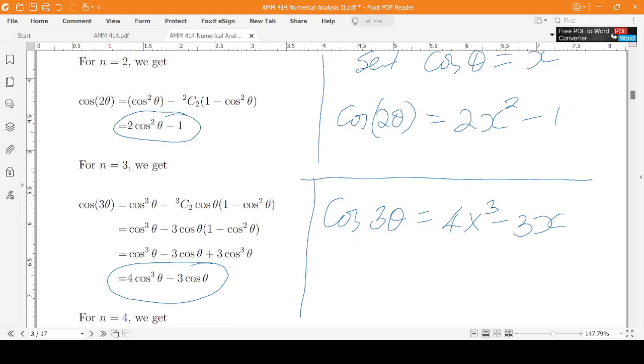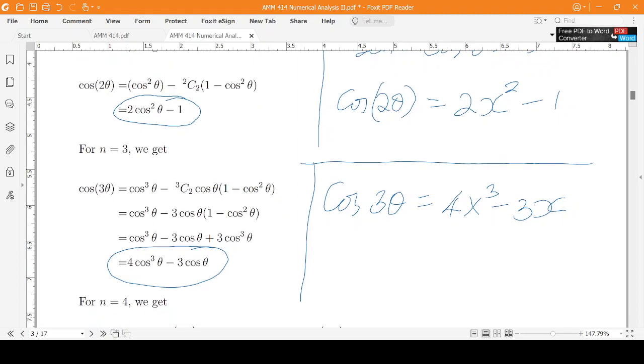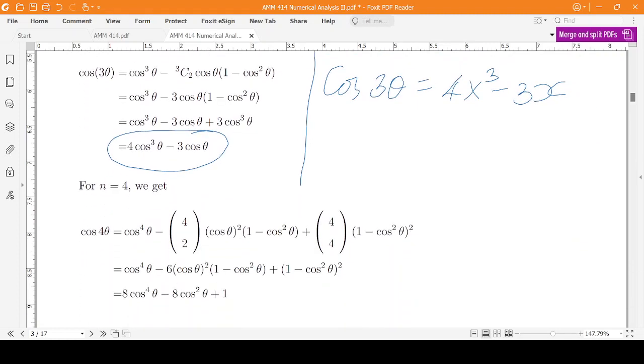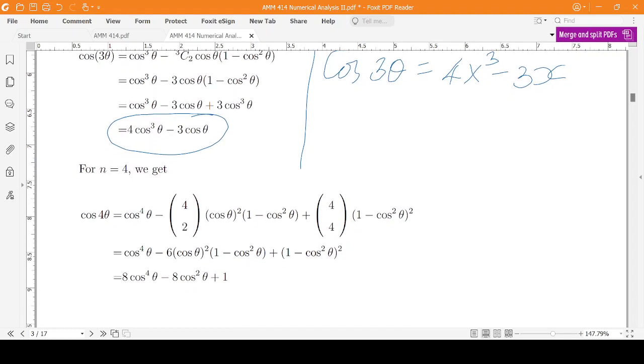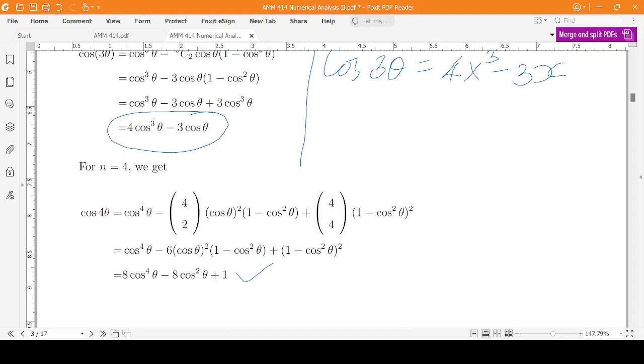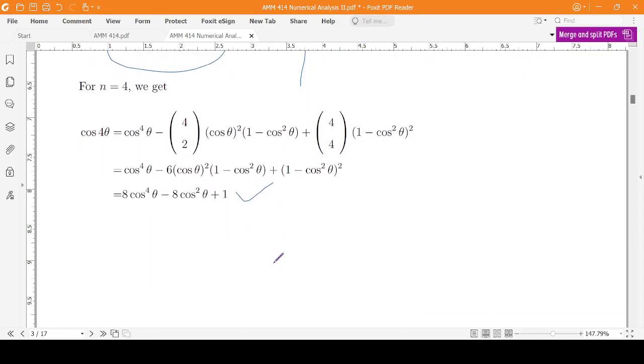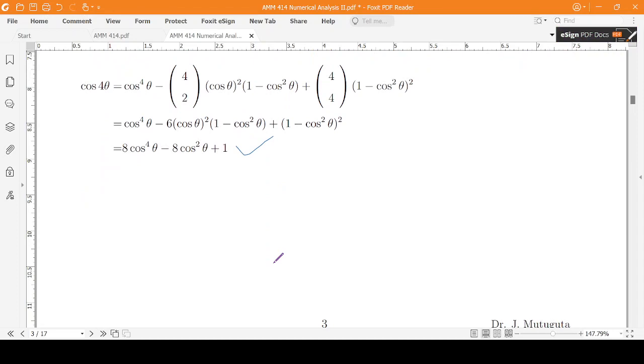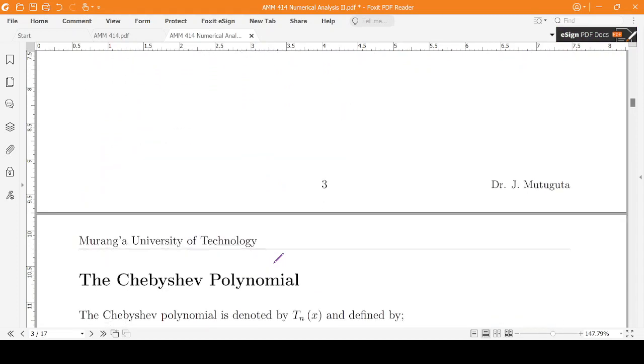So we can express cosine of n theta in powers of x as a power series, where x is equal to cosine of theta. And when n is 4, we could also expand that. We can continue like that, n is 5, n is 6, and so on. That is what we looked at in our last lesson.